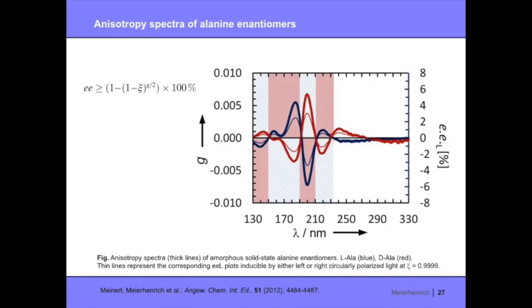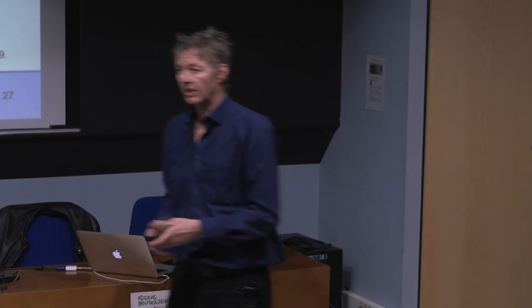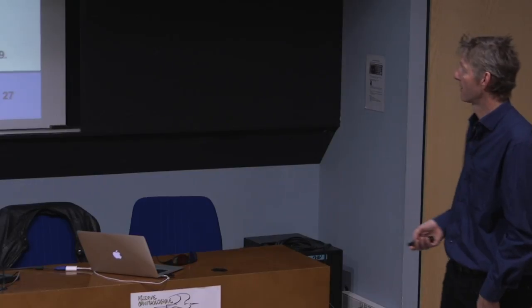If you irradiate at this wavelength, you have a value which is 0 here, so you can irradiate for thousands of years, you will never end up with an enantiomer excess. If you irradiate, on the other hand, here at 200 nanometer, for example, or at this minimum or at this maximum there, then you can generate and then you can transfer the chirality of photons towards those molecules. So the transfer of chirality from chiral photons towards racemic organic molecules is energy dependent, and you require anisotropy spectroscopy to understand the energy dependence of this.